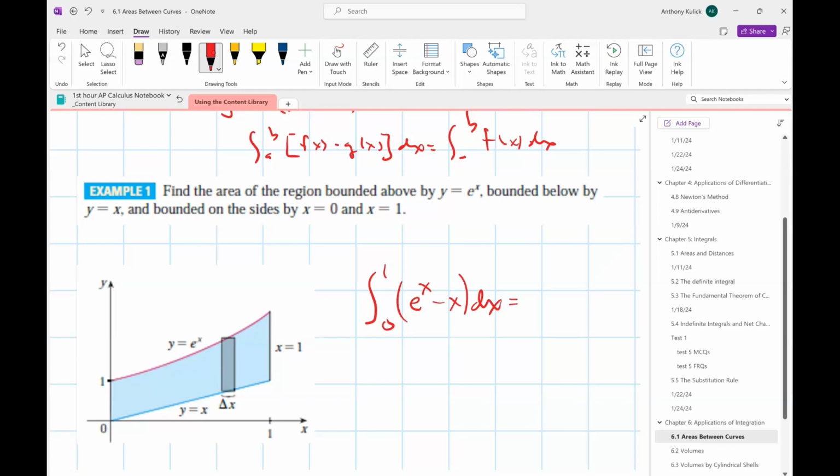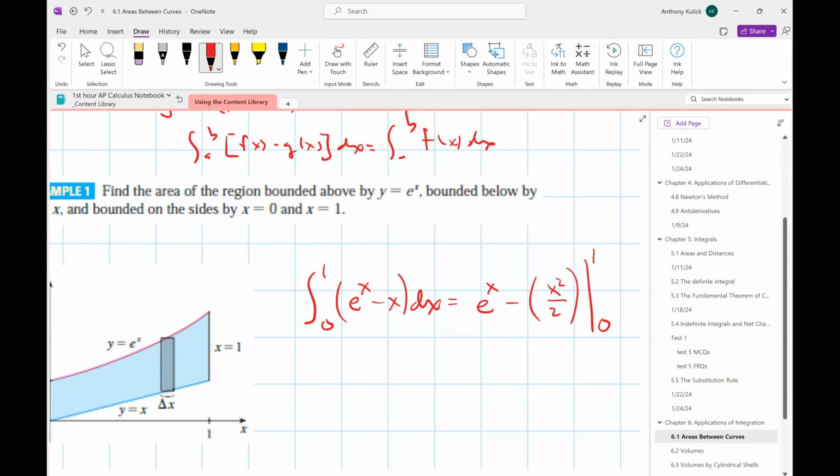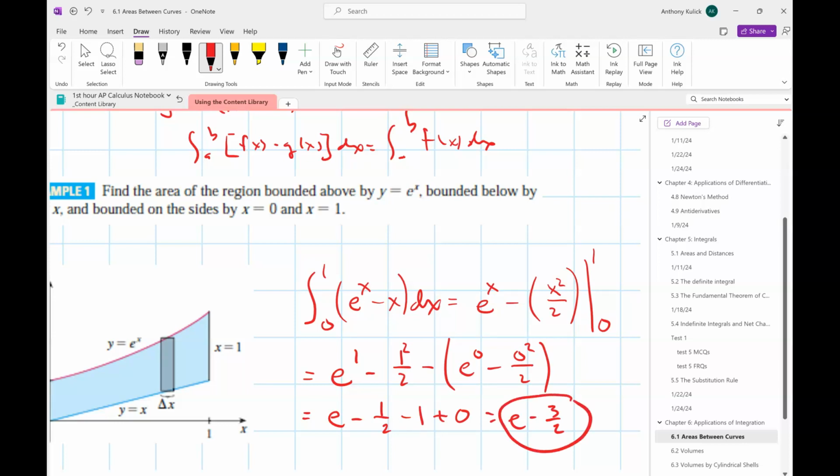Okay, let's integrate. The antiderivative of e to the x is, the antiderivative of x is, and then we're plugging in from 0 to 1. So we just get e minus 3 over 2.